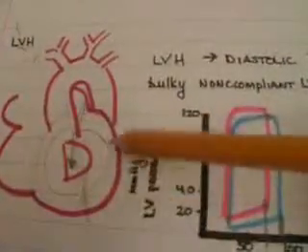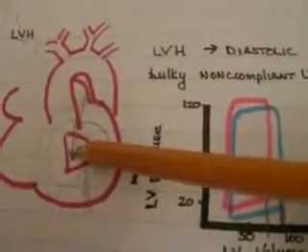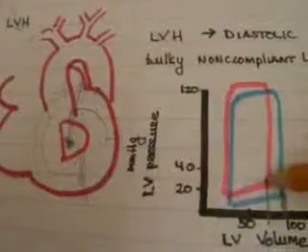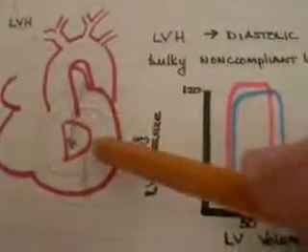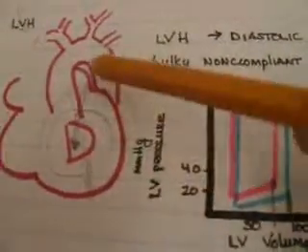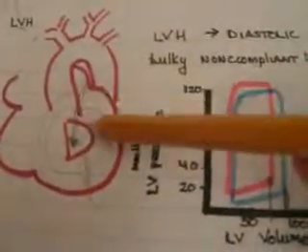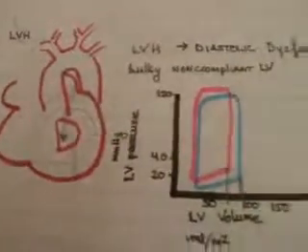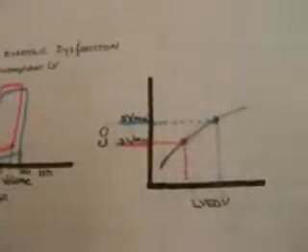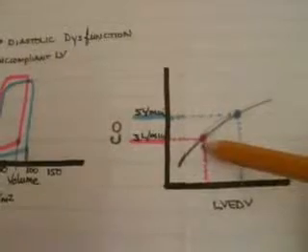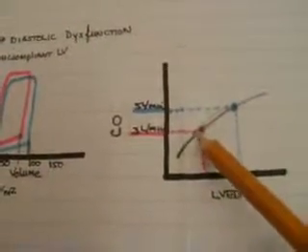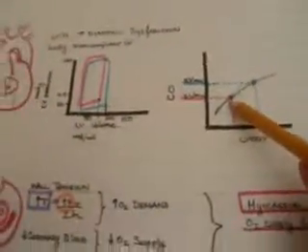So your preload is going to be decreased, or the volume of blood in your left ventricle is going to be decreased, although the left ventricular end diastolic pressure is going to be increased in a diastolic dysfunctional left ventricle compared to a normal healthy left ventricle. Therefore, you're going to have a decreased cardiac output and an increase in left ventricular end diastolic pressure for a heart that's going through diastolic dysfunction.